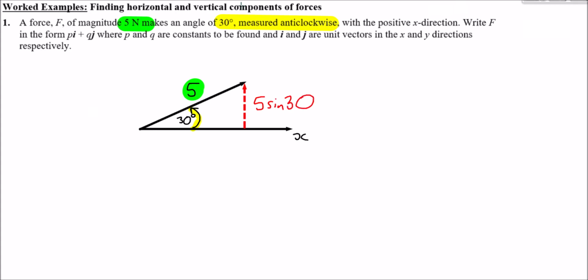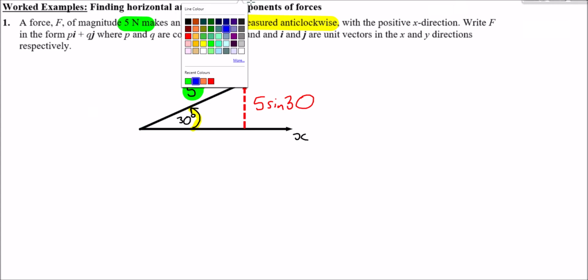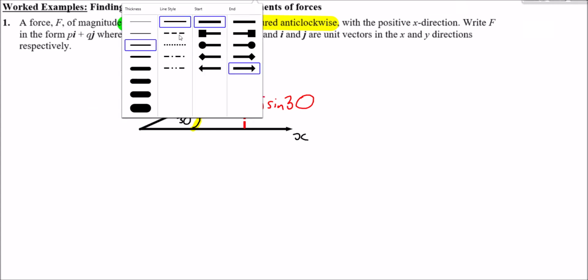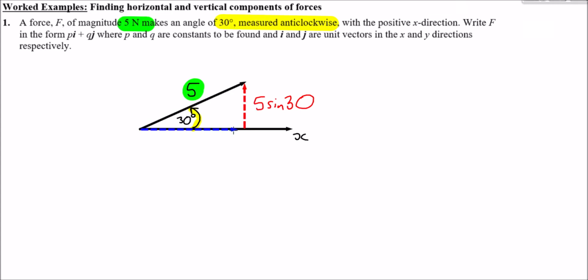Whereas the component going along in the direction of the x-axis is going to be 5 cos 30. But because we need to give this force in the form pi plus qj, we need to actually evaluate what 5 cos 30 and 5 sin 30 are.